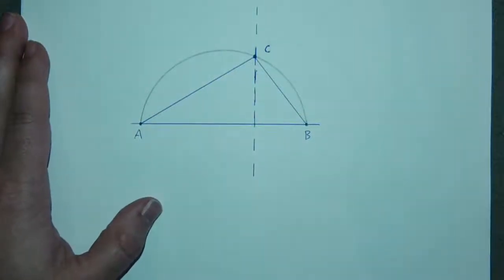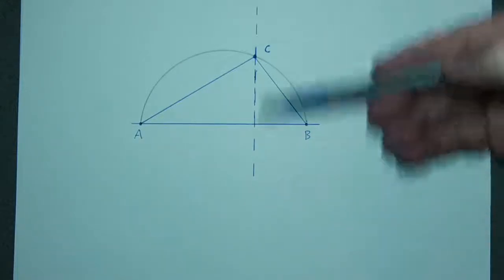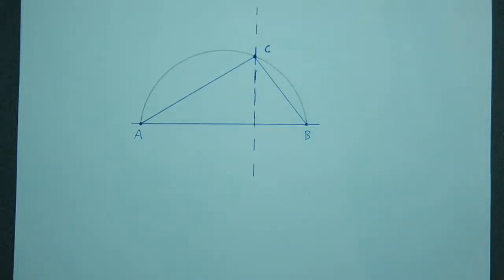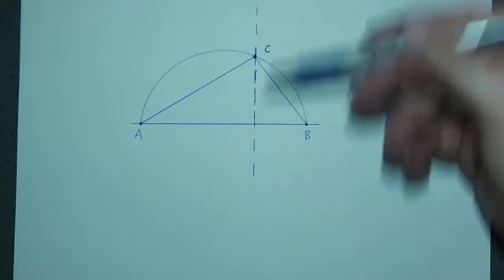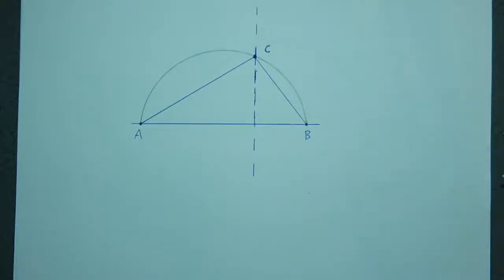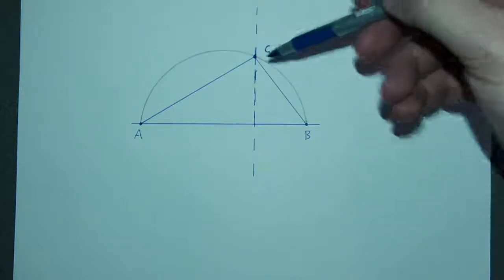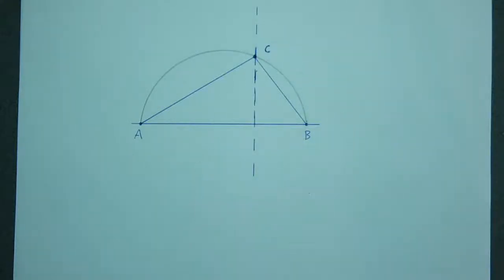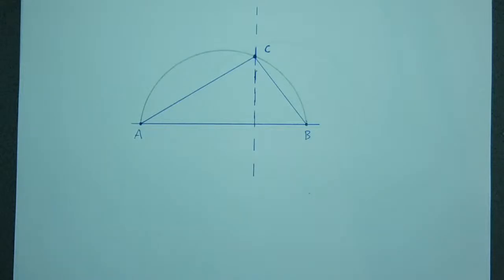One context in which this might come up is say that I draw in some dashed line and I want to construct a right triangle whose third vertex, that is where the right angle is going to be, is going to lie somewhere on that line, then it's going to lie exactly where this line intersects that circle in question.